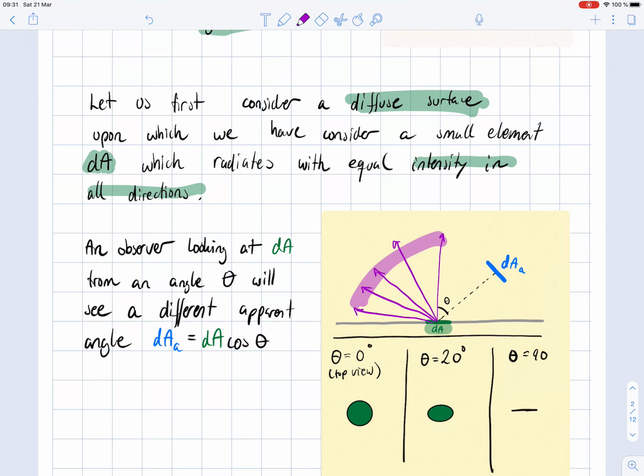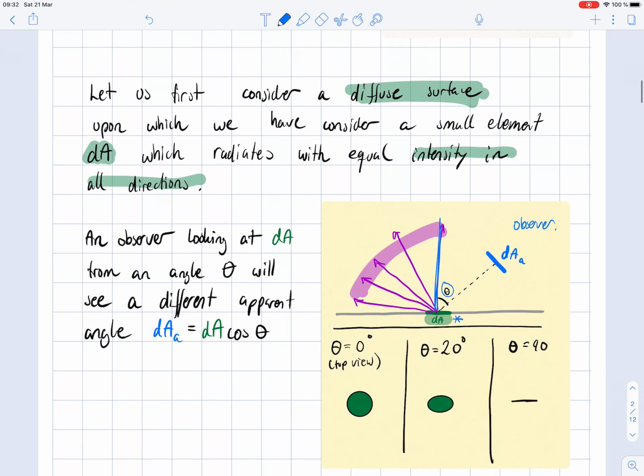So we will now have an observer situated here. And this observer is looking at the surface dA based on an angle theta, which is defined according to the vertical line. So this is regular polar coordinates.